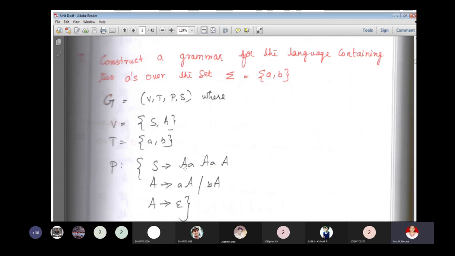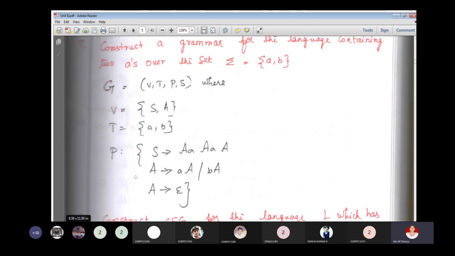At least two a's it should have, and any string of a's and b's at the beginning, middle, and end. Any string of a's and b's can be represented with A goes to aA, bA, or epsilon. So this is a grammar which can generate a language containing two a's over the set sigma equal to {a, b}.